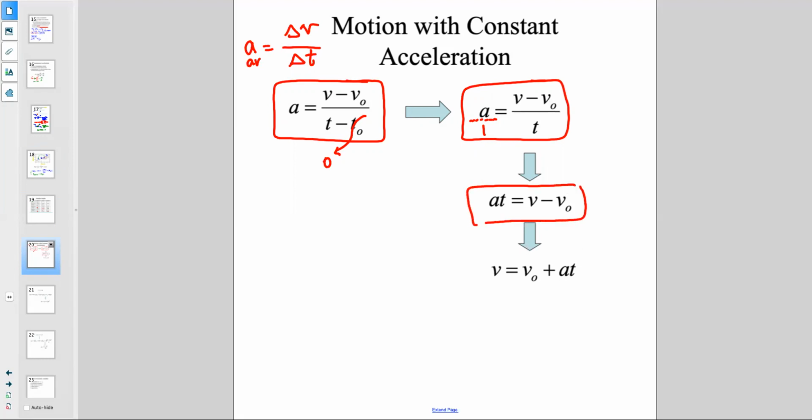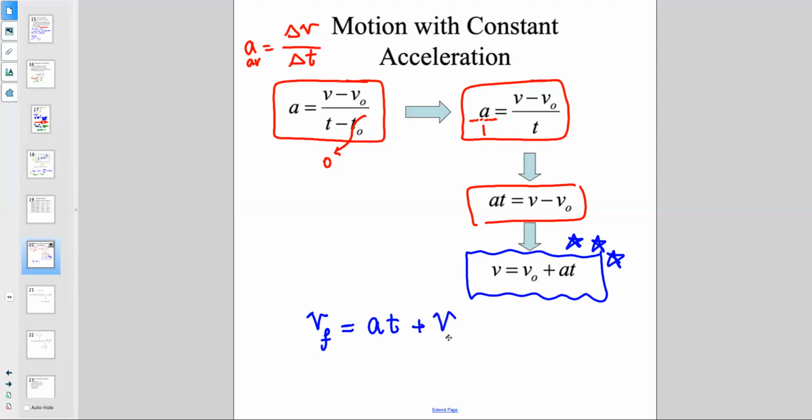Now I have an equation for velocity. Very important equation. What it says is that the final velocity equals acceleration times time plus initial velocity. That's what it says.